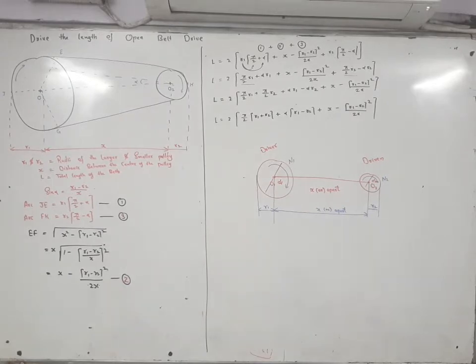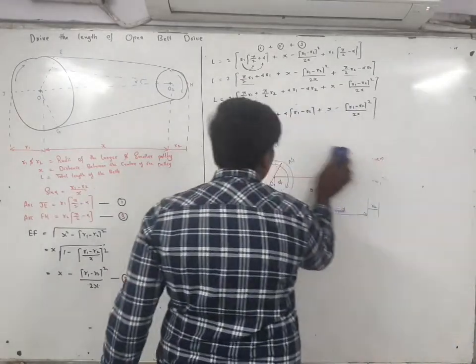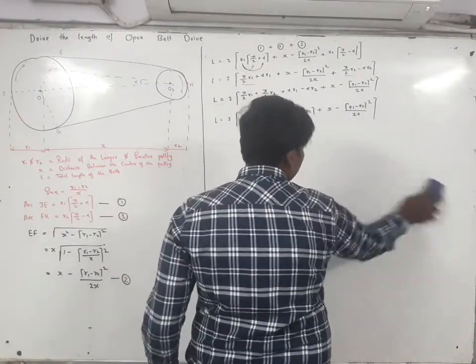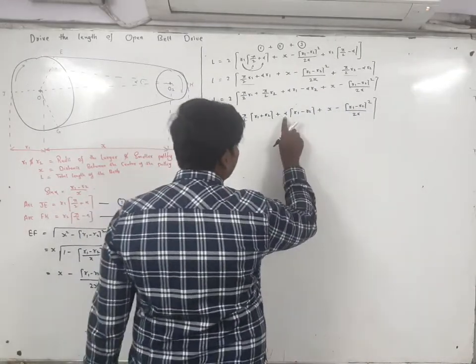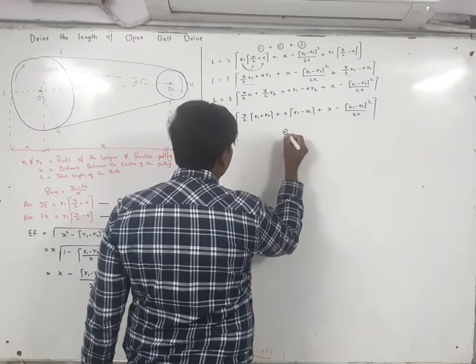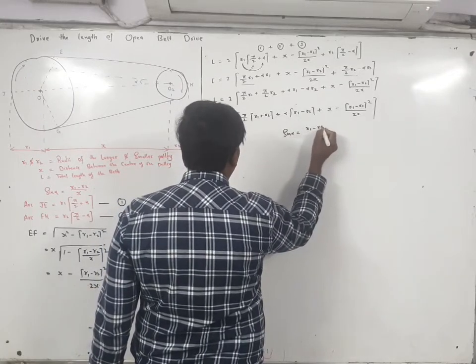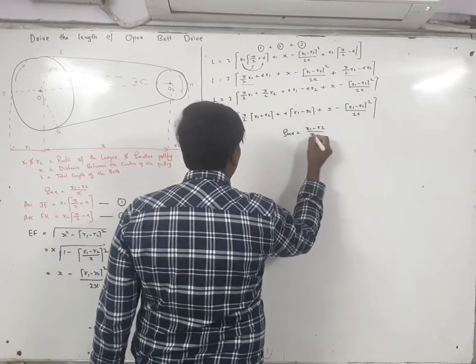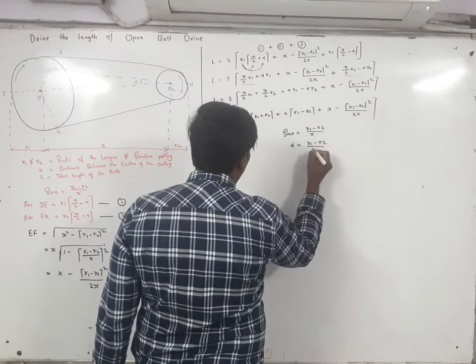Okay, after getting this one, what you have to do in place of alpha, as you can see here, alpha is there. I wrote here sin alpha. What is the sin alpha? Sin alpha is equal to (R1 minus R2) by x. So alpha is also equal to (R1 minus R2) by x.